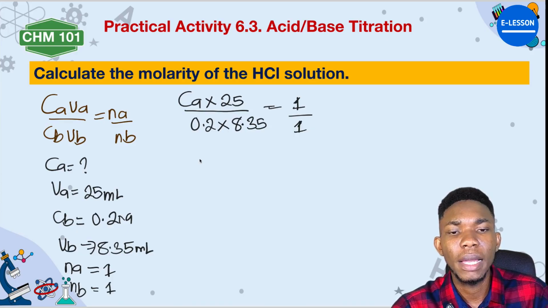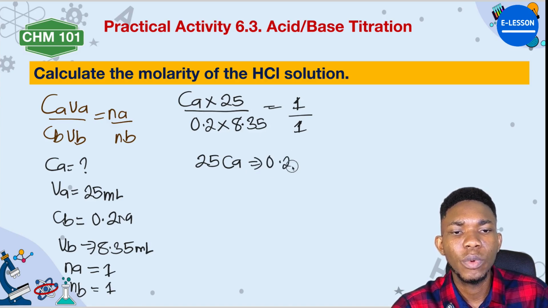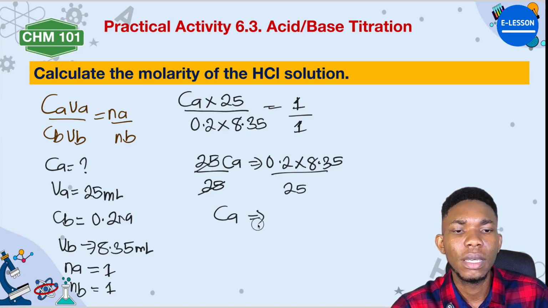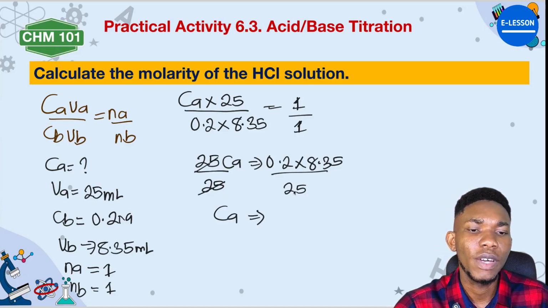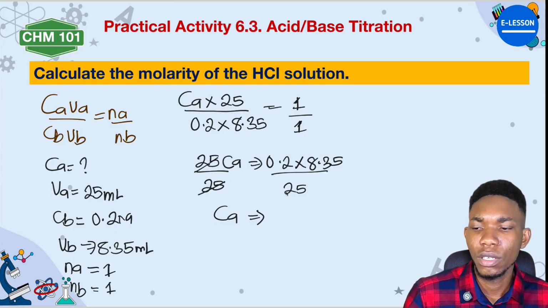When you cross multiply, this gives us 25 Ca, because anything times 1 is still the same thing, equals 0.2 times 8.35. Divide both sides by 25. When 25 cancels 25, Ca will be 0.2 times 8.35 divided by 25.